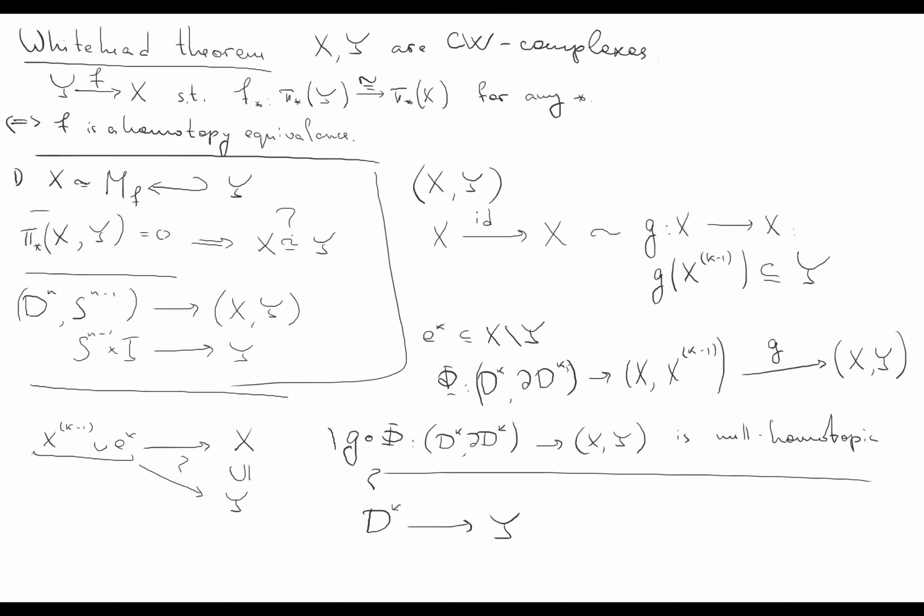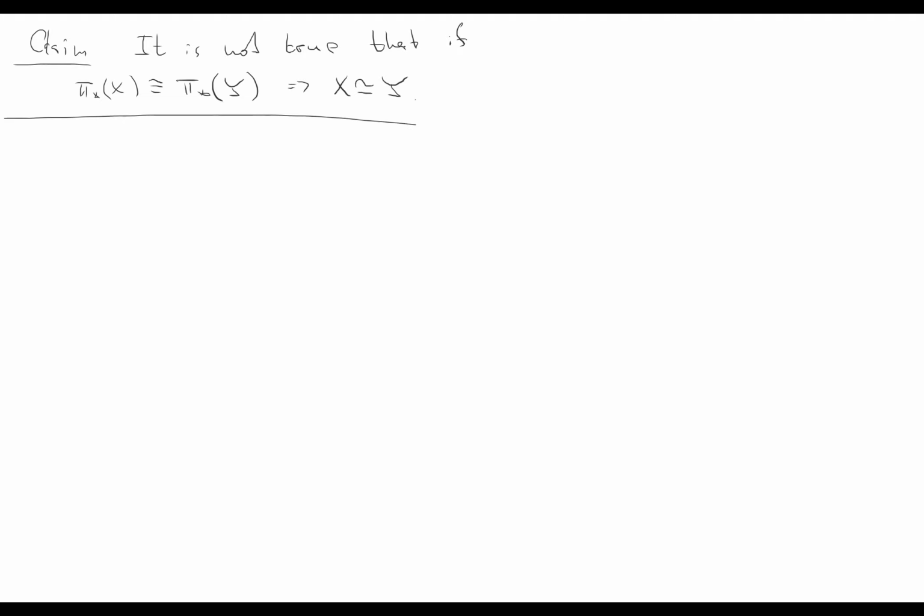So now I want to give an example. I claim that it is not true that if pi_* of X is isomorphic to pi_* of Y, then X is homotopy equivalent to Y. I guess we have already discussed an example of two spaces that have isomorphic homotopy groups.